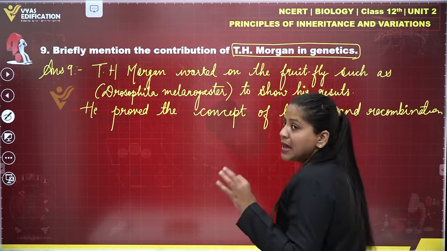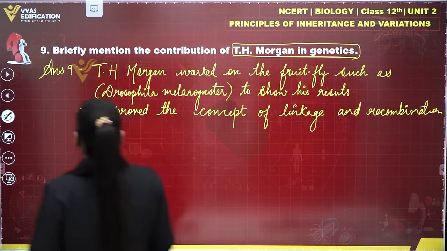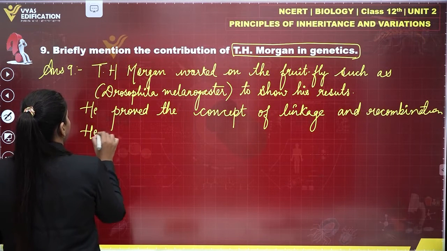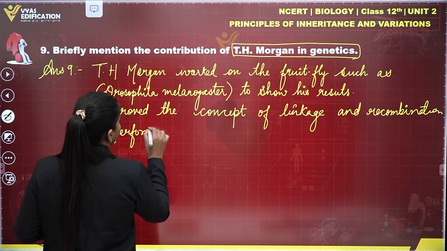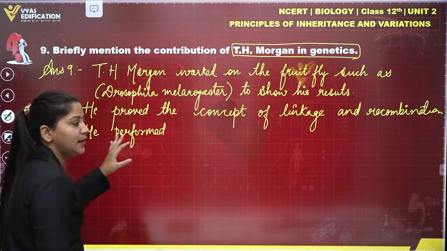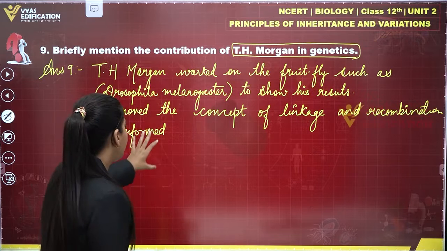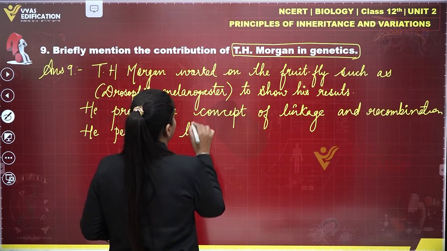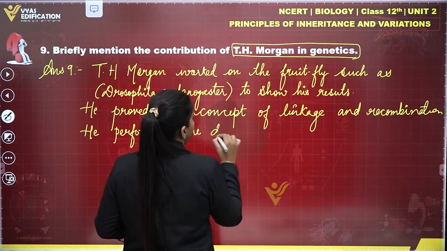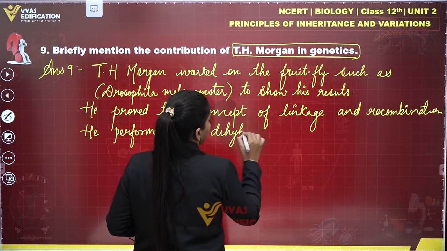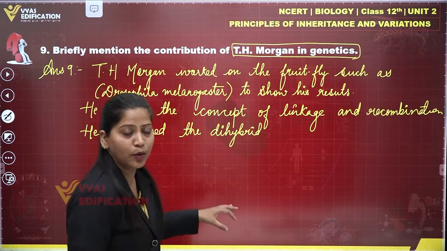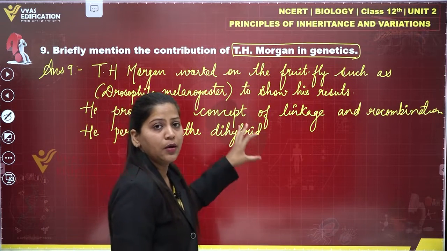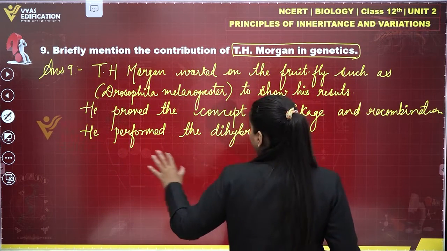All right. He also performed. How did he actually prove the result of linkage? He performed the dihybrid cross. And because of this dihybrid cross done on Drosophila melanogaster, he proved the existence of linked genes, about linkage.